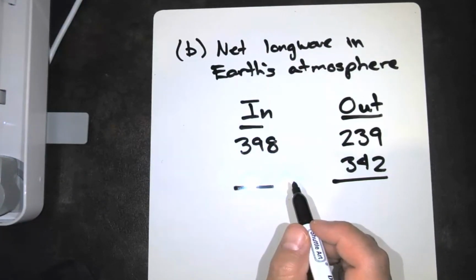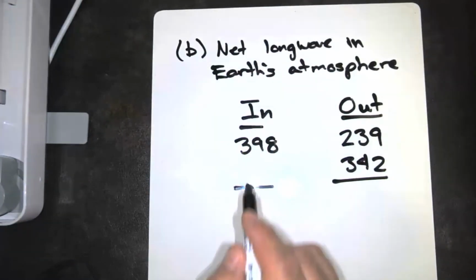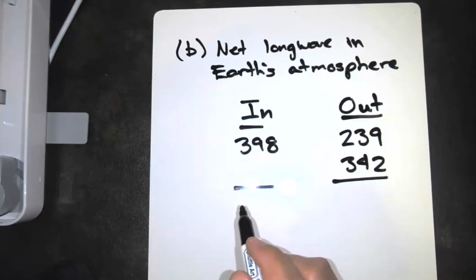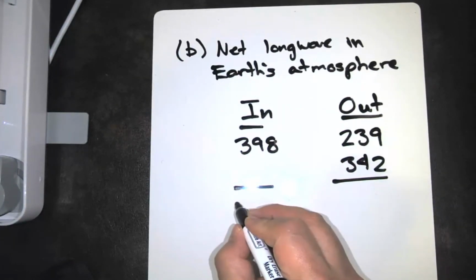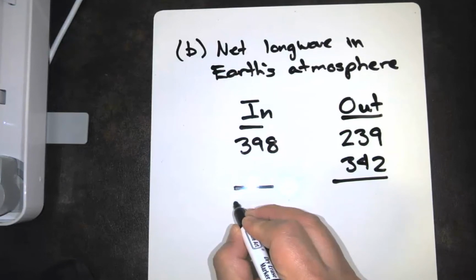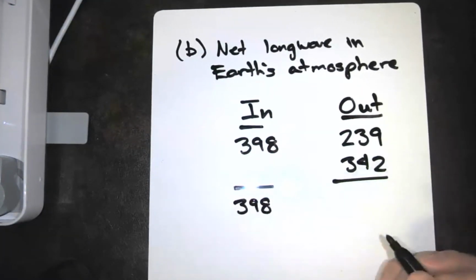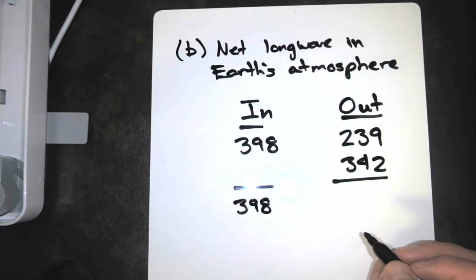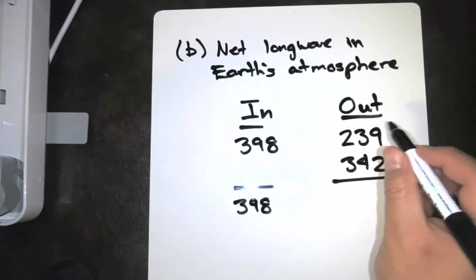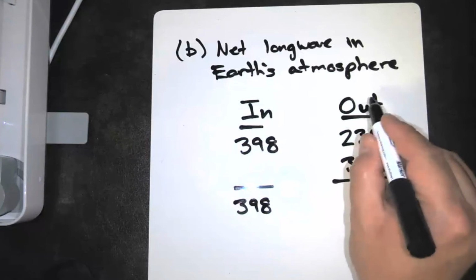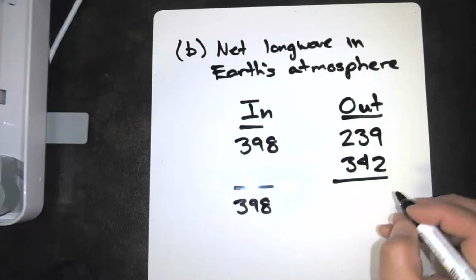So now what we can do again is just sum the incoming long wave radiation fluxes, and the answer here for the total incoming is 398. Okay, and we're going to do the same for the outgoing fluxes.